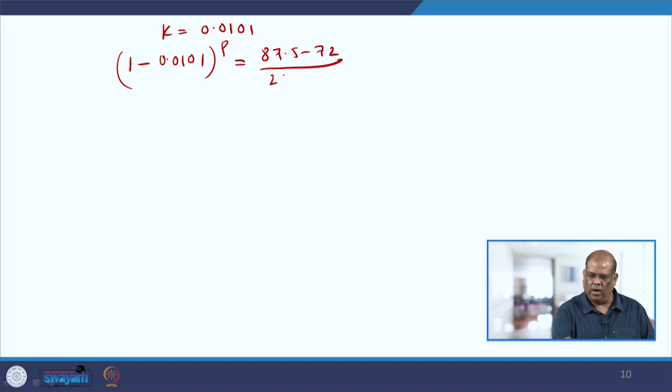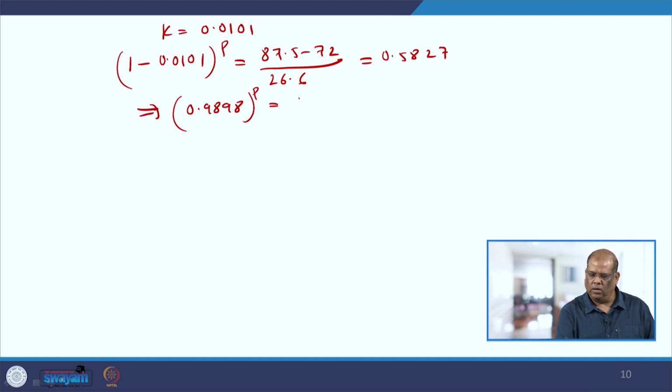So, k is equal to 0.0101 and you get (1 minus 0.0101) whole to the power p, which is equal to (87.5 minus 72) divided by 26.6, and this value is 0.5827. So, you have 0.9898 to the power p is equal to 0.5827.